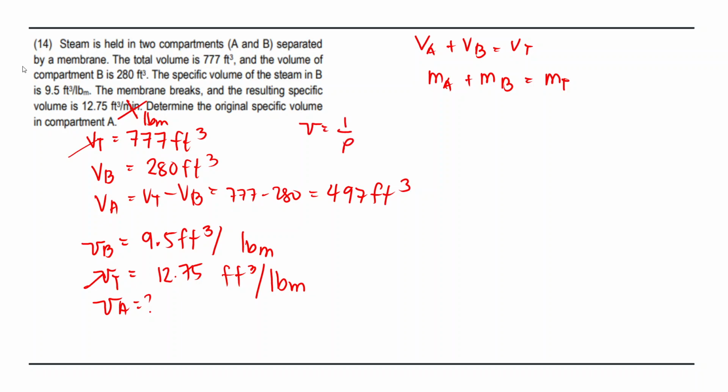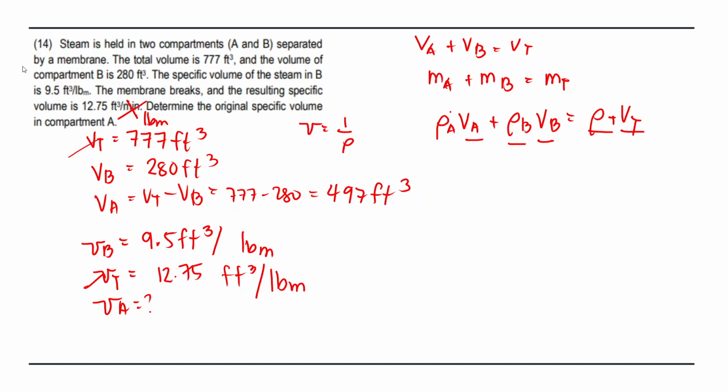So, we can compute this as rho A VA plus rho B VB is equals to rho T VT. We have this, and this. What we don't have is this.